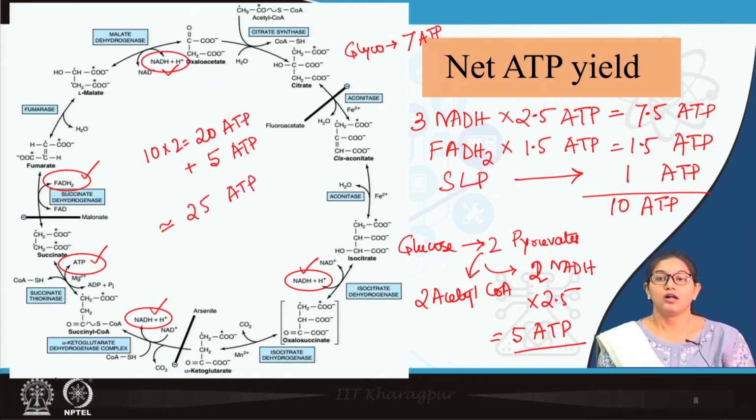So, the calculation which we can see that at the end of 1 molecule of glucose oxidized through aerobic glycolysis following TCA cycle up to the end of electron transport chain, you can see there is 25 plus 7, that is 32 molecules of ATPs generated.